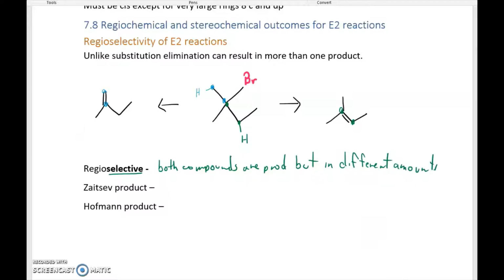The Zaitsev product is the more substituted, and the Hofmann product is the less substituted.